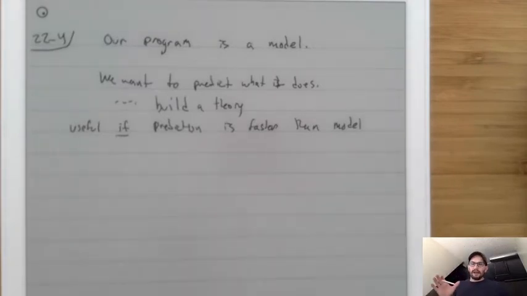For example, I wrote a program, and my program is going to take as input a number that you type in at the command line. I don't know what number you're going to type in. I want to predict anyways what it's going to do.